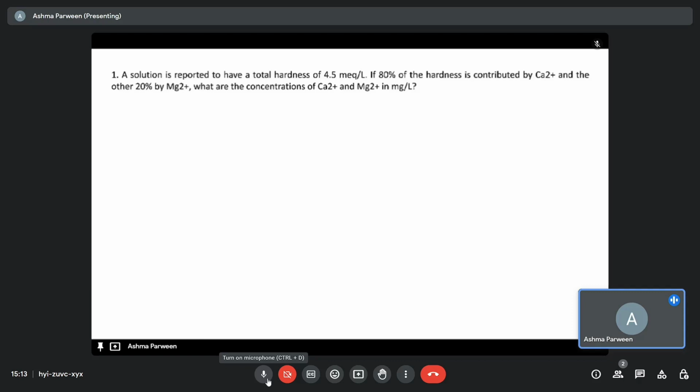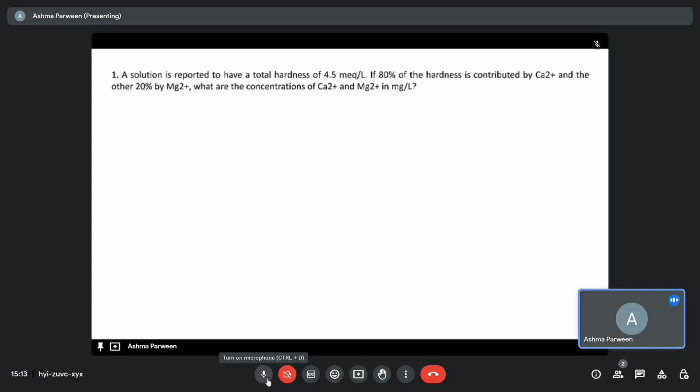This is a very basic question in which we have to find the concentration in milligrams per liter, and it is given in milliequivalents per liter. The question is: a solution is reported to have a total hardness of 4.5 milliequivalent per liter. If 80% of the hardness is contributed by calcium and the other 20% by magnesium, what are the concentrations of calcium and magnesium in milligrams per liter?